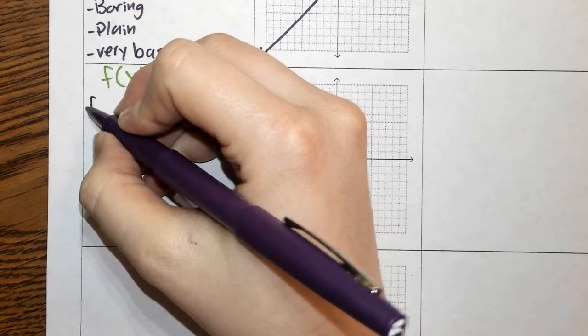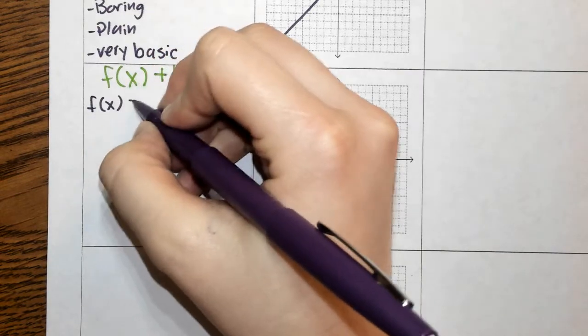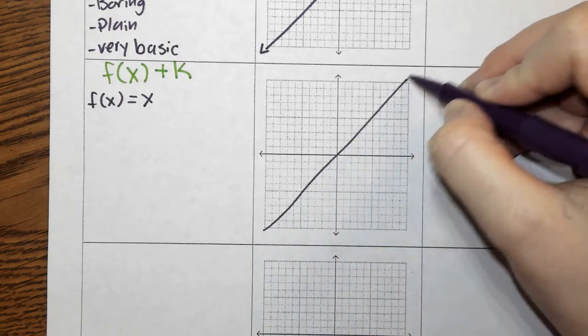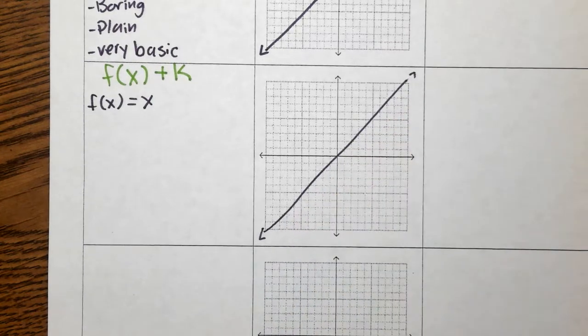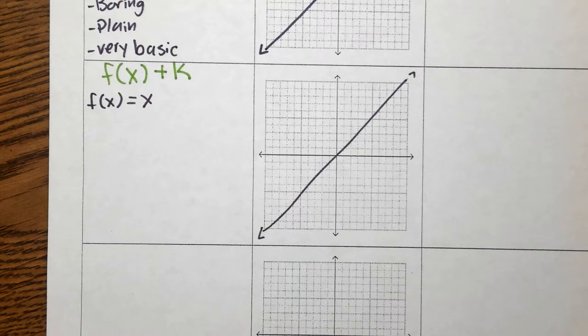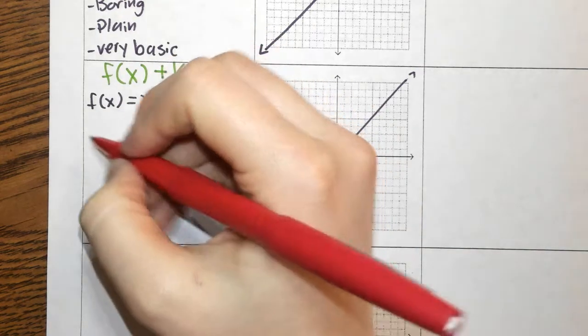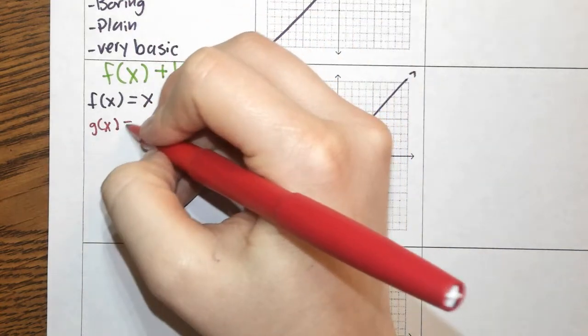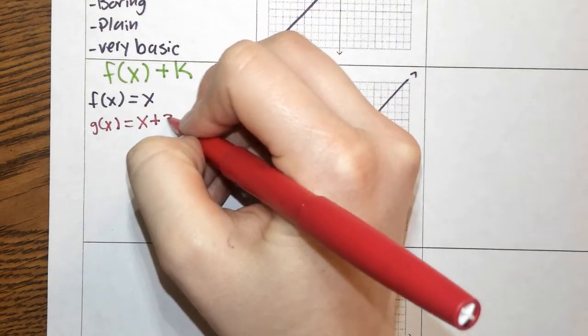So if I have the parent function f of x is equal to x, okay, and then I've got my new line, which I'm going to call g of x, and that new line is x plus 3.